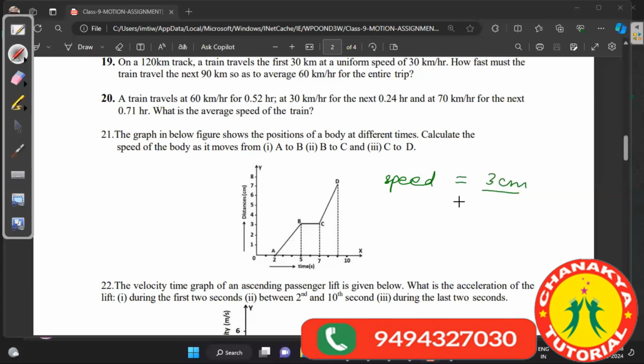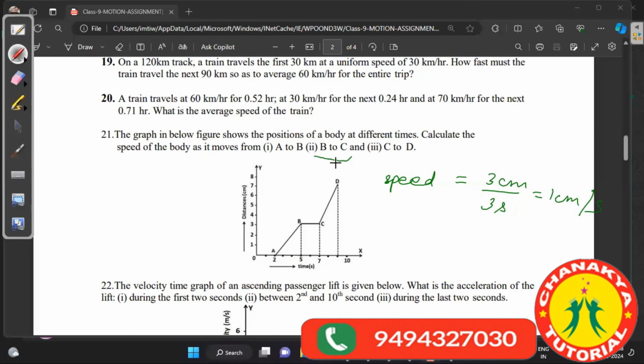And how much is the time taken? 3 seconds. Okay, so what is the speed? 1 centimeter per second. Now, the second part from B to C.